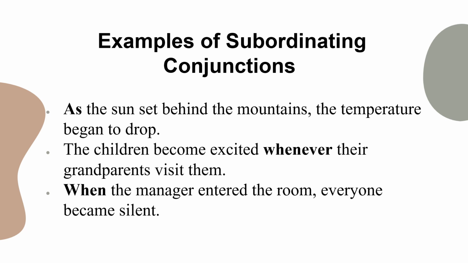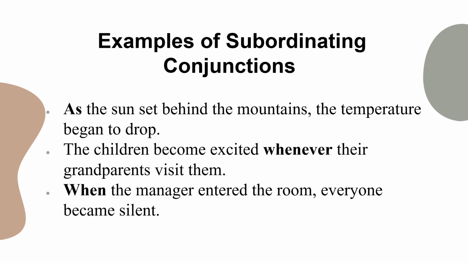Next, "When the manager entered the room, everyone became silent." So a question can easily pop up: when did everyone become silent? The answer is when the manager entered the room. So here again you can see both the sentences, the manager entered the room, everyone became silent.